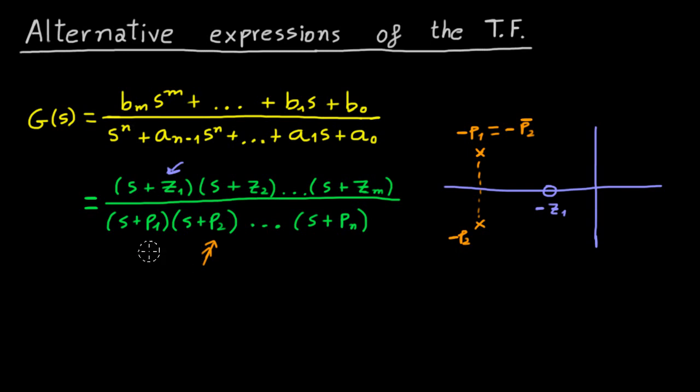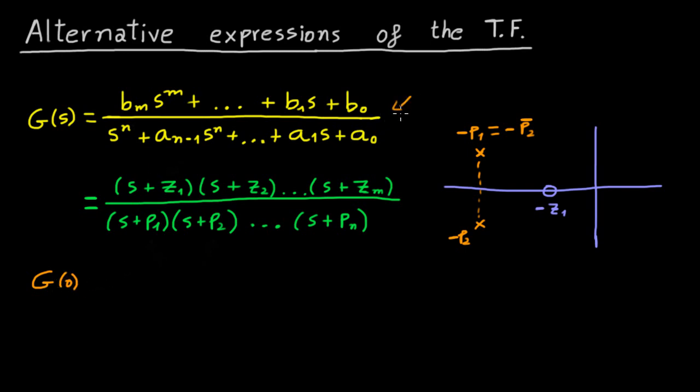But these two ways of writing the transfer function have a drawback in common, and that is that the gain of the system is not apparent. We cannot get it directly from the expressions. We have to calculate it. The gain of a system, or the static gain, is just the value of the function when s is equal to 0.